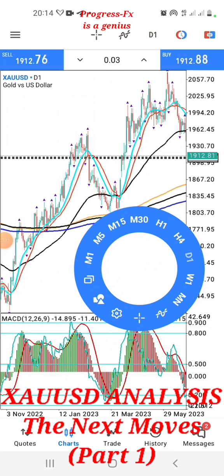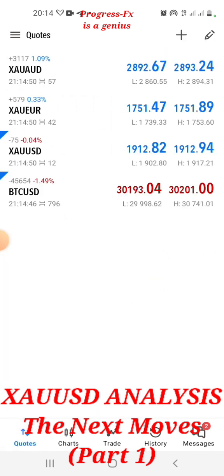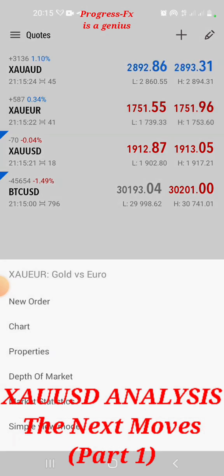In confirmation to that, because you know that gold Australian dollar, gold euro and gold USD trade the same, but sometimes one moves faster than another. Sometimes one gets better confirmation than the other. So the point is, when one is ready, or two are ready as against one, it moves the other one.